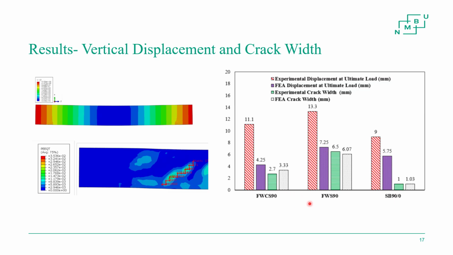The values are in millimeters. As you can see from the crack width, the model gave very good results in all cases. For the displacement, there is some difference between the experimental and the numerical result, especially in the cases of model 1 and model 2.